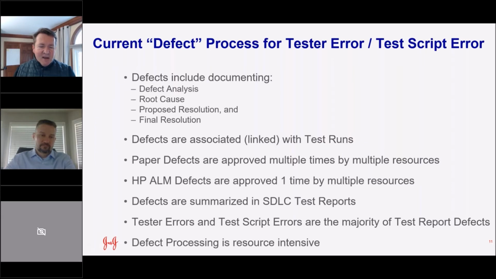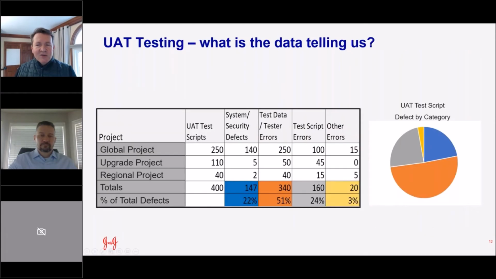And as you can tell from all these steps, if all defects are created equal and we were giving the same level of importance to all of them, that can be very resource intensive. And you might say, well, how intensive was it? So if we go to the next slide, I'll show you some data that we collected to show how intense it was.